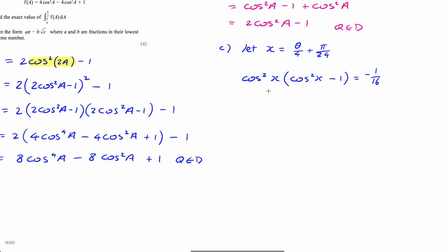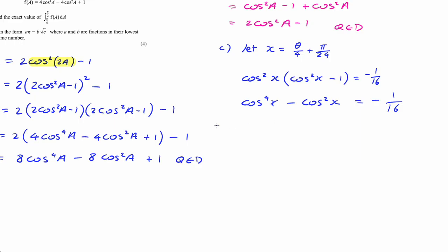Multiply it out. I'm going to get cos to the 4x, so this is going to be something to do with this, guys, I'm sure, but so it's cos to the 4x minus cos squared x equals minus 1 over 16.